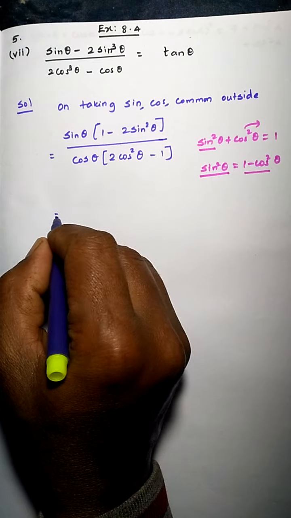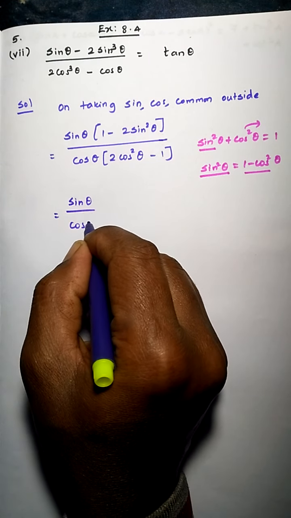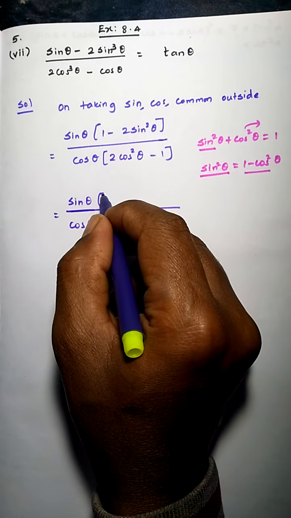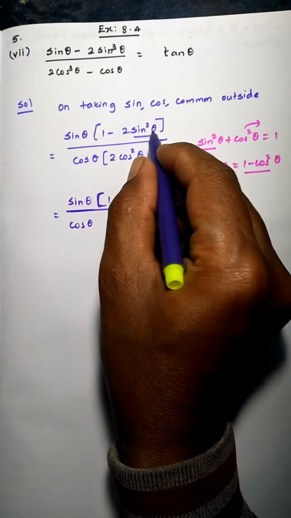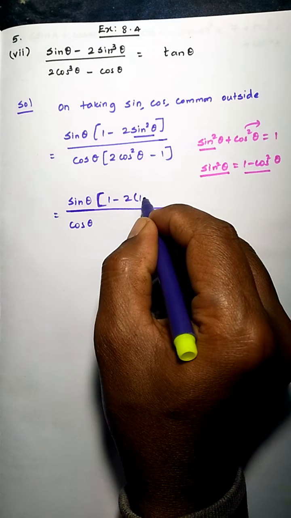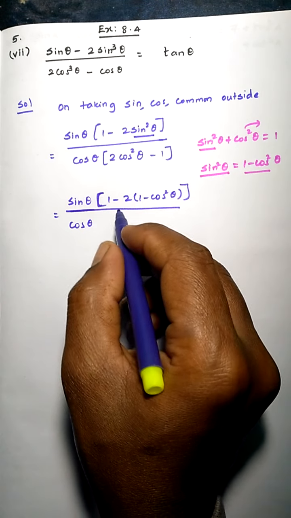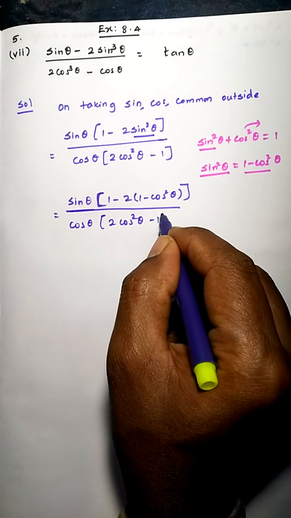If you apply, what you will get is sine theta by cos theta, the whole division, 1 minus 2 into, in place of sine square theta, we are applying 1 minus cos square theta, over 2 cos square theta minus 1.